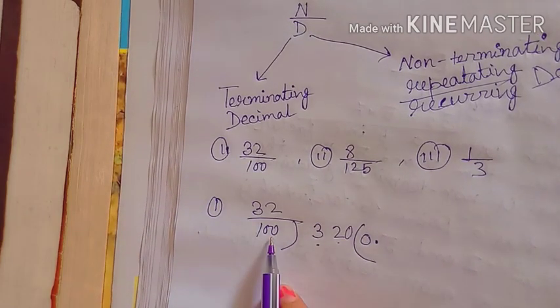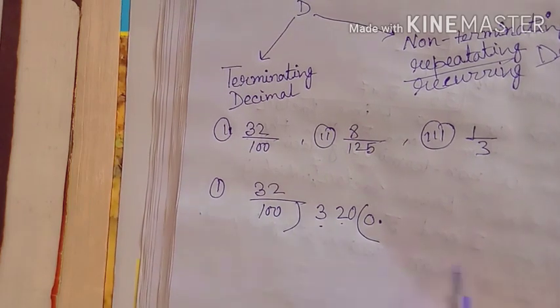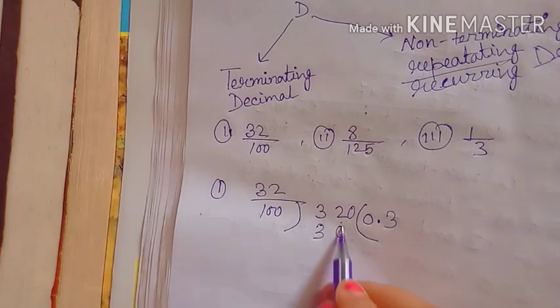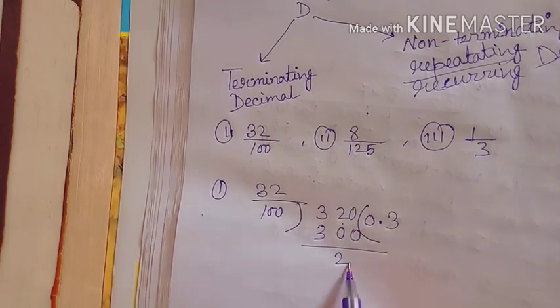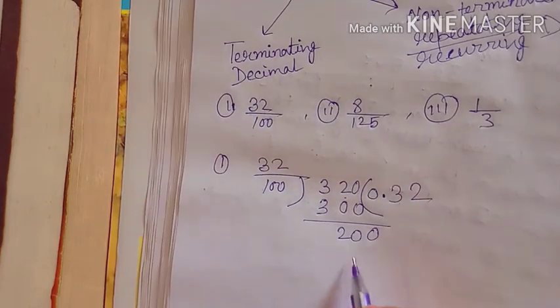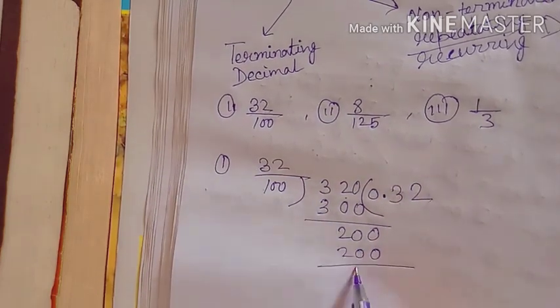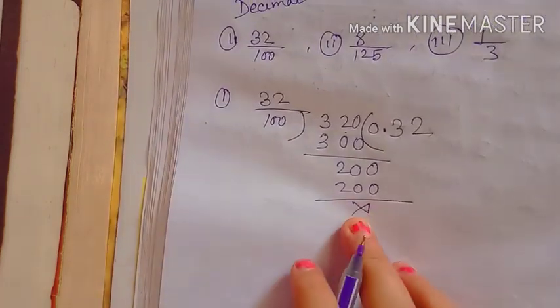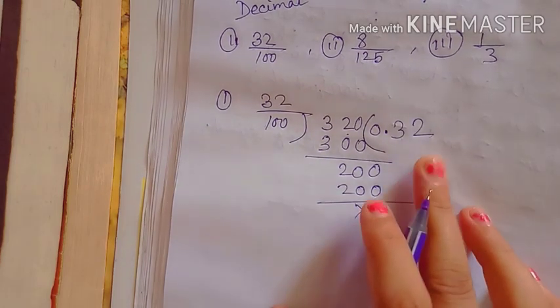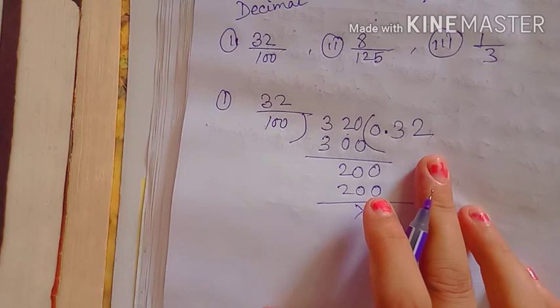Now the dividend is greater than the divisor, so we may proceed. 100 3s are 300. Remainder comes 20. Again we place a 0 here. 100 2s are 200, and the remainder is 0. That means after a finite number of stages, the process is terminated.